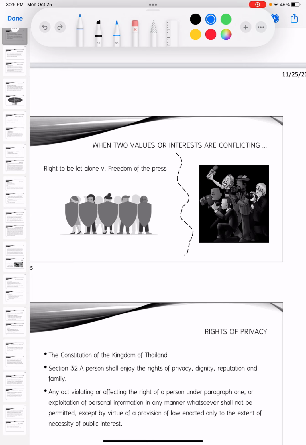We need to see at which point privacy crosses the line, because the concept that you have learned from the constitution is that the exercise of the right of freedom cannot be in a manner that would violate the right of freedom of others, right?